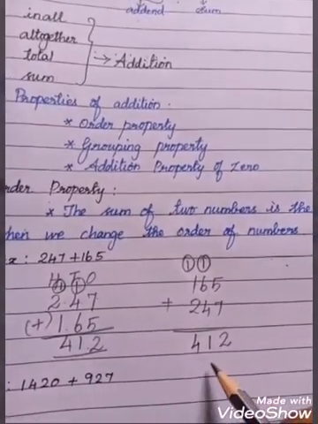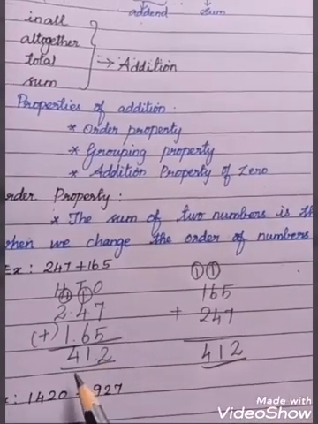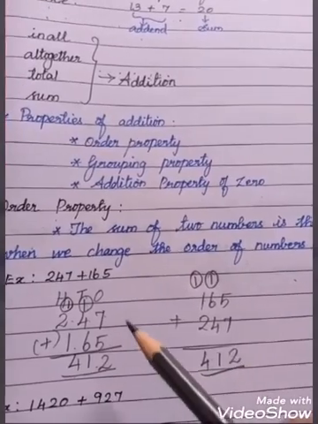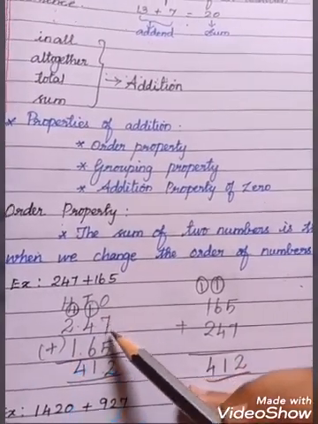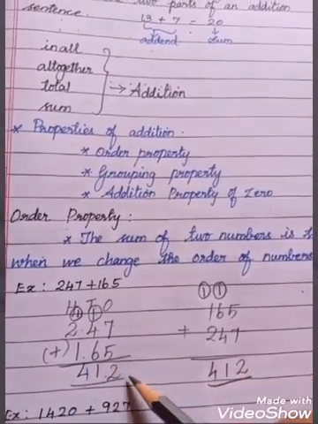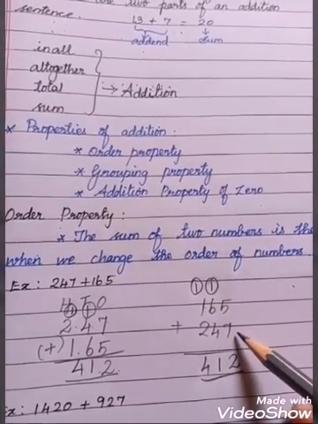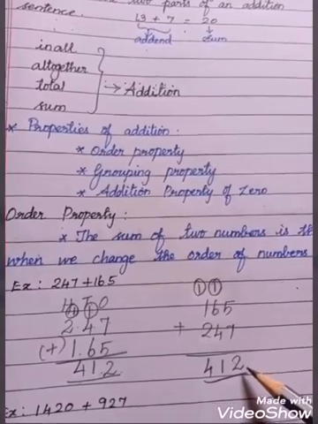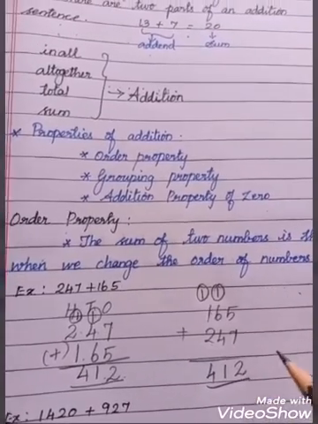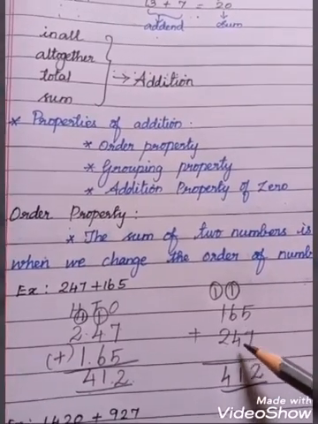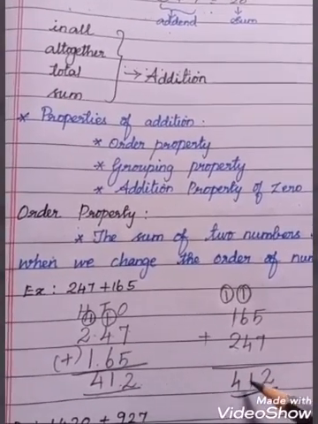So the answer is 412. Children, see, both answers are the same. 247 plus 165 is 412, and 165 plus 247 is also 412. So if we change the order of numbers, we get the same answer.